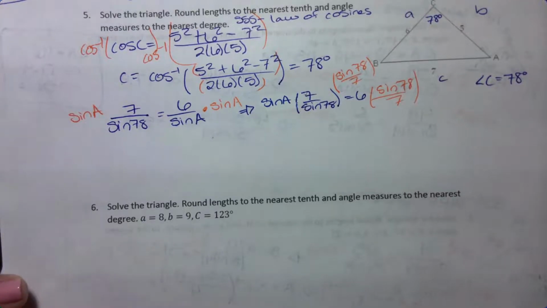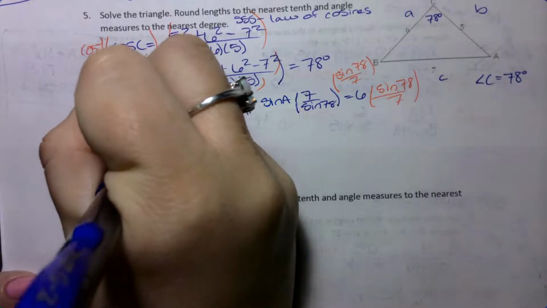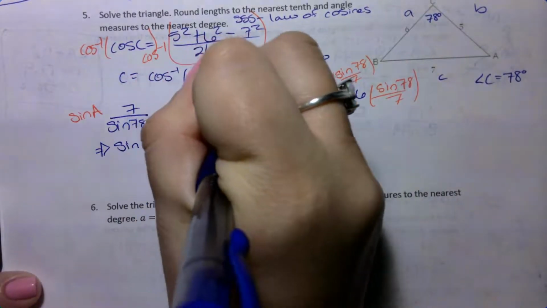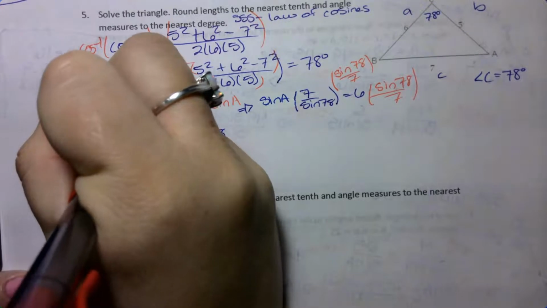I'm going to continue this down here. So I've isolated sine of A, and now I have 6 sine 78 over 7. I need to get rid of the sine function, so I take the sine inverse.